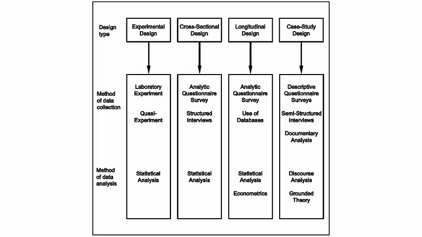To show you what kind of methods can be used for each research design discussed previously, I have chosen this graphic representation. So for experimental designs, the appropriate methods of data collection include lab experiments and quasi-experiments.